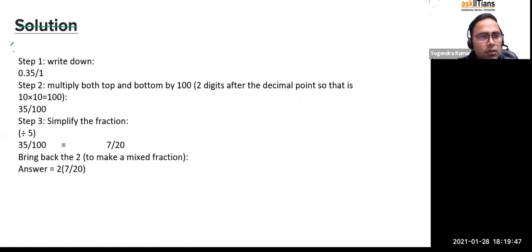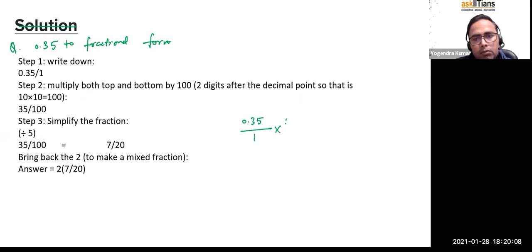I need to change. Question is 0.35 to fractional form. 0.35 we need to write in the fractional form. So 0.35, you can understand, is 35 divided by 100.